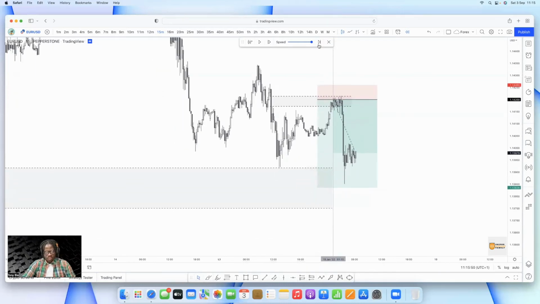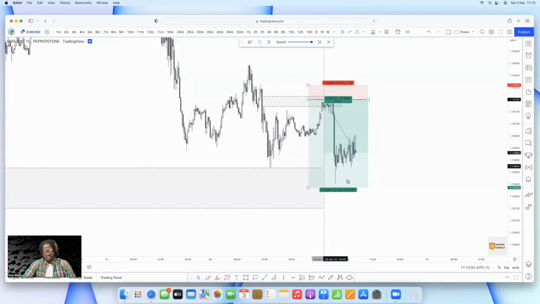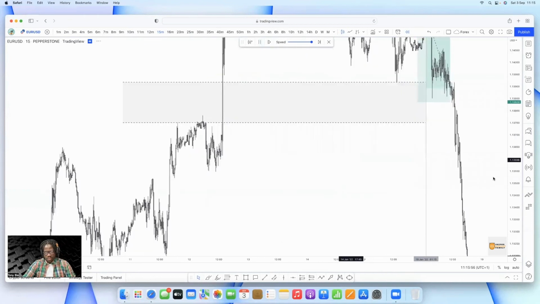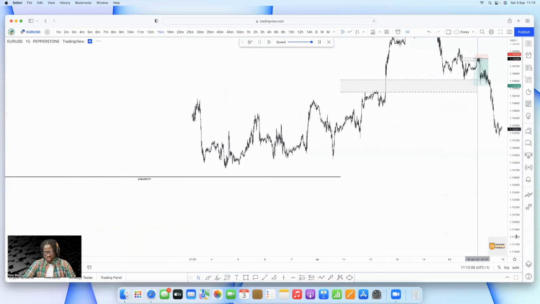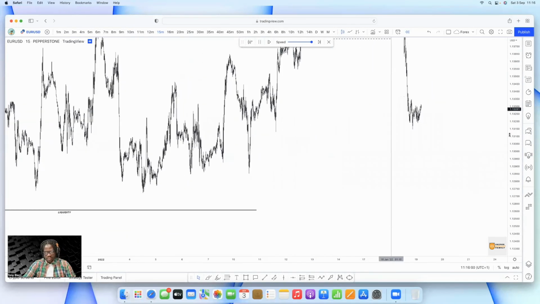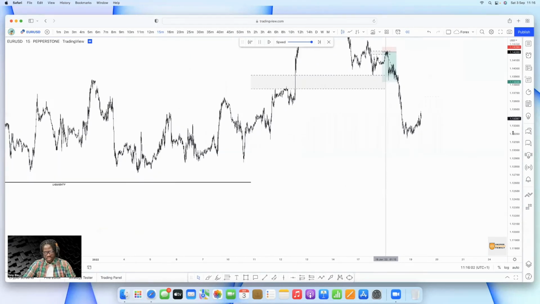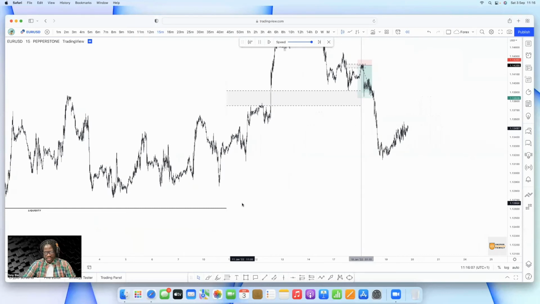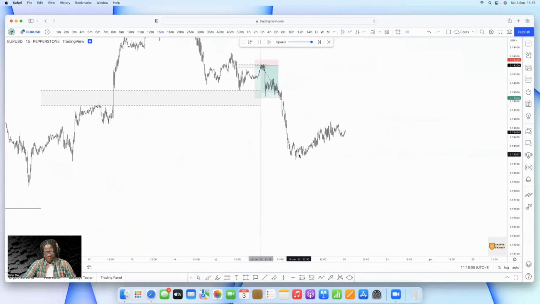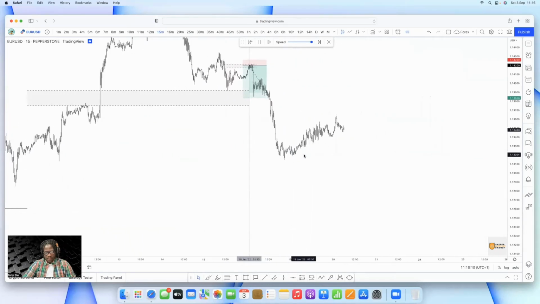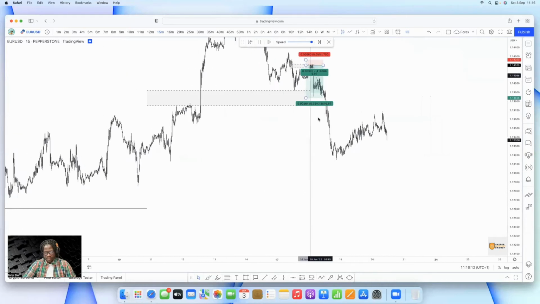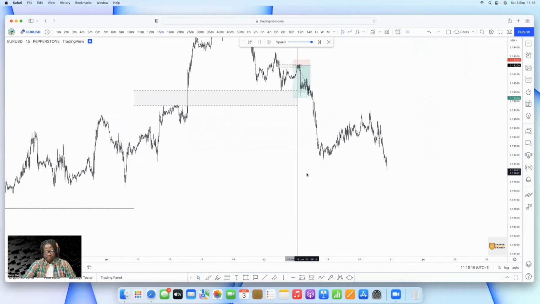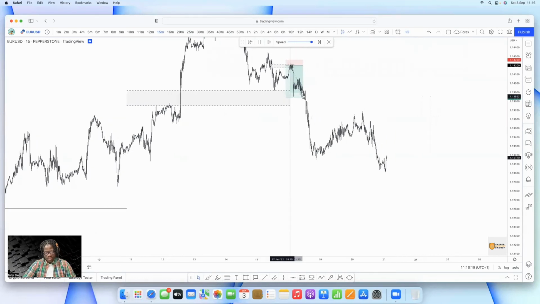I gave this drop, and then you can see price really dropped to the downside. Okay, so we feel the daily imbalance completely captured the daily liquidity that is here. I mean, if you had waited, I think it came down.